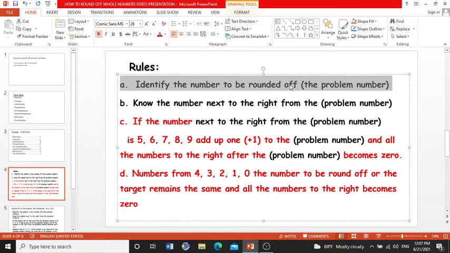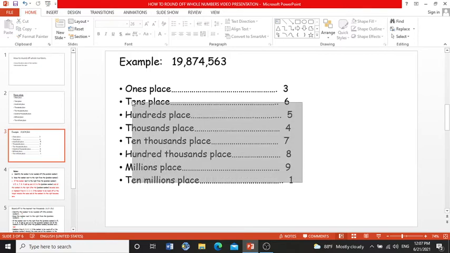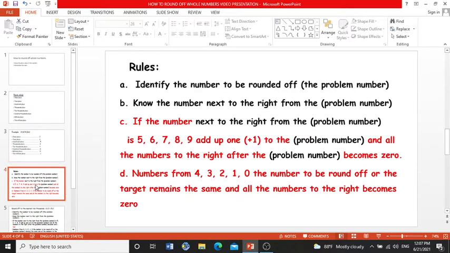So this problem number is normally the place value that I want to ask to be rounded off. This is why I want you to understand this part first so that you know what you're gonna do later on. So normally the numbers to be rounded off are designated to the place value. That's why I want you to know that.